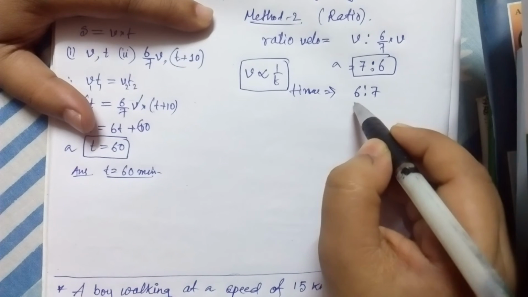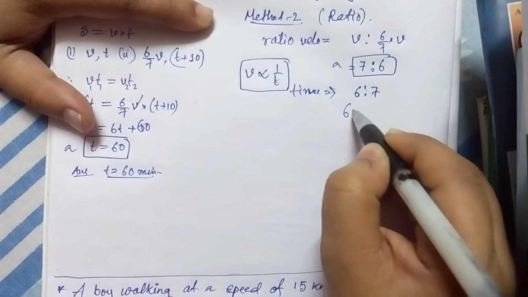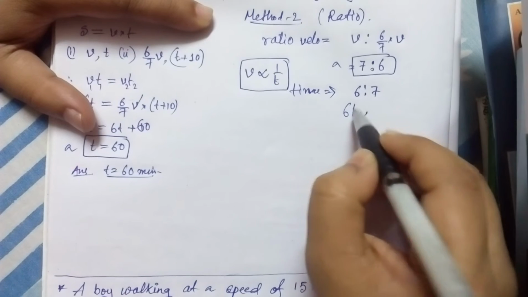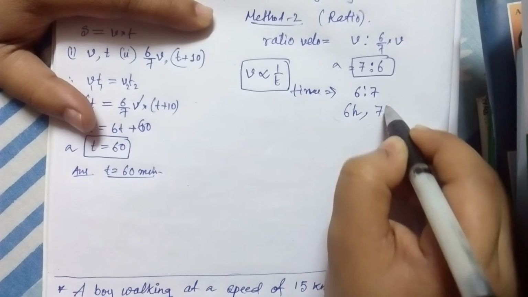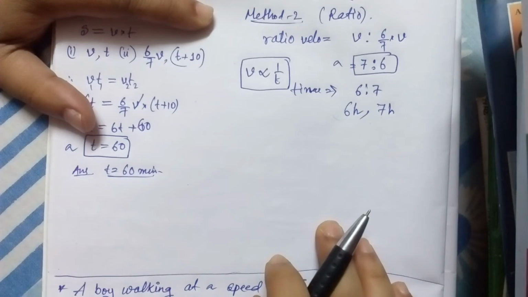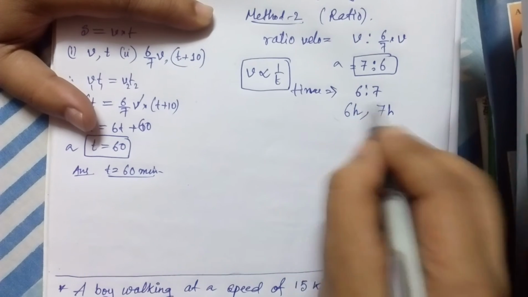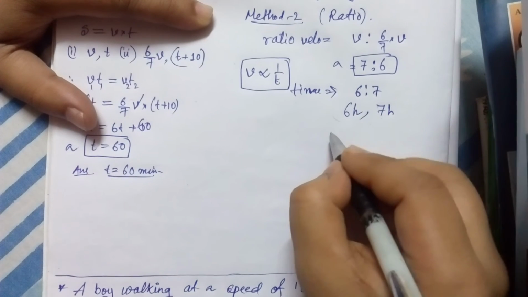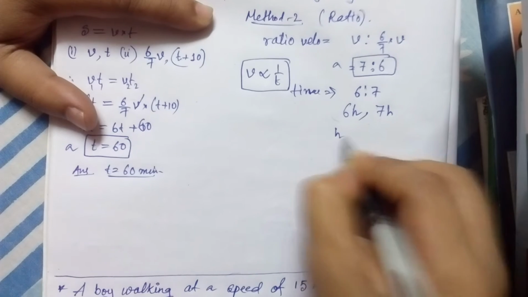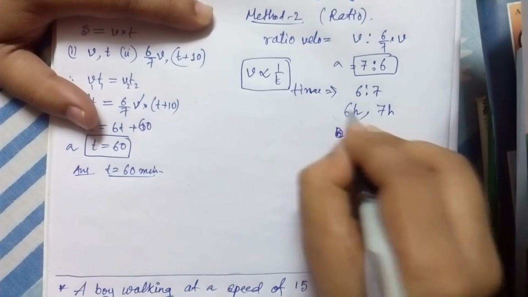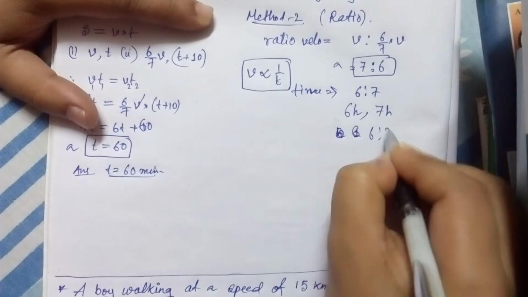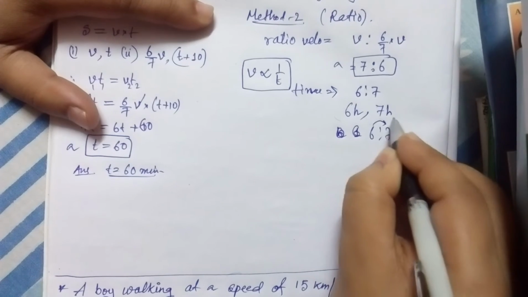That is, if it takes 6 hours, it will take 7 hours. So the difference between these two will be 1 hour, or 1 unit. Say 6:7, that is the difference is 1.